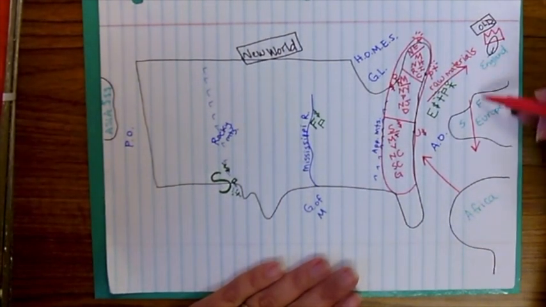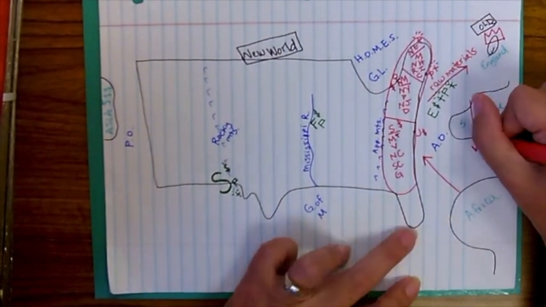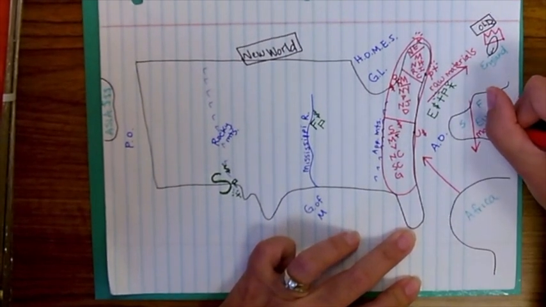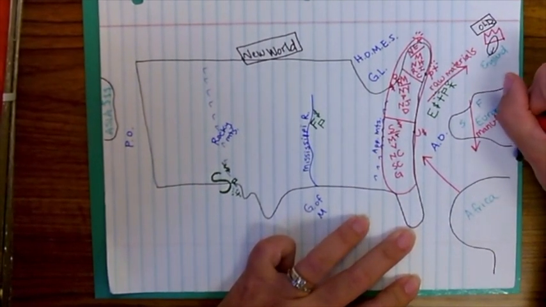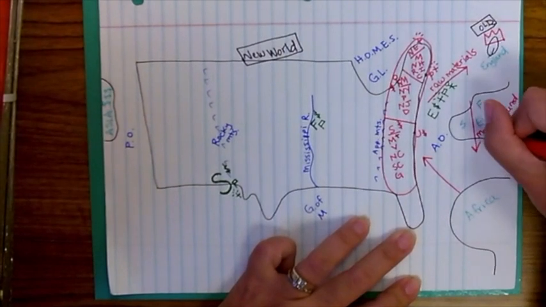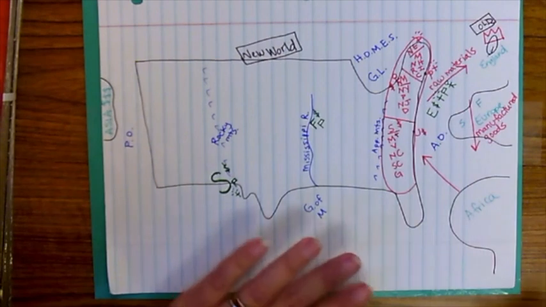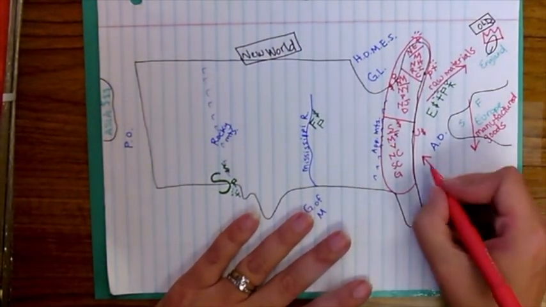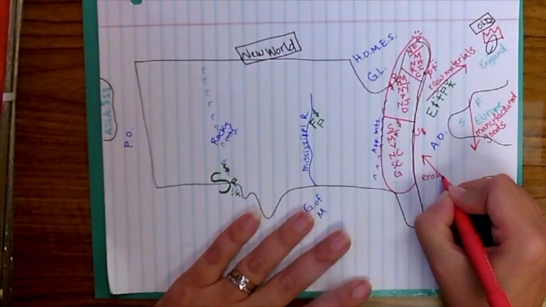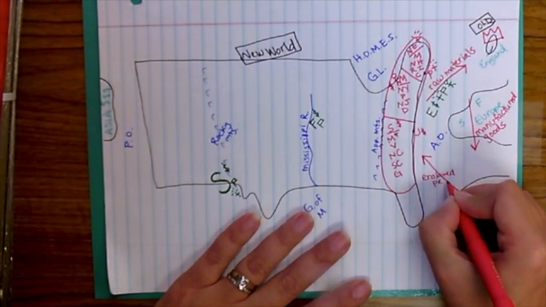Coming from England and Europe, going down to Africa are going to be our manufactured goods. They take those raw materials and turn it into stuff, especially guns. That was a big one. Rum was another one. And of course, coming out of Africa is going to be our enslaved population.